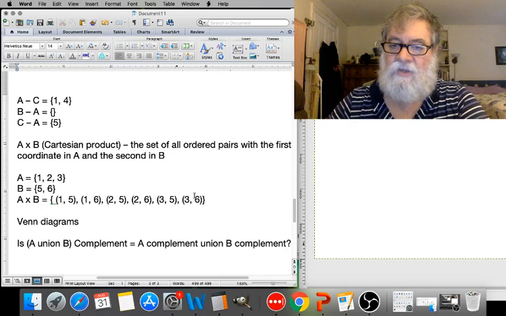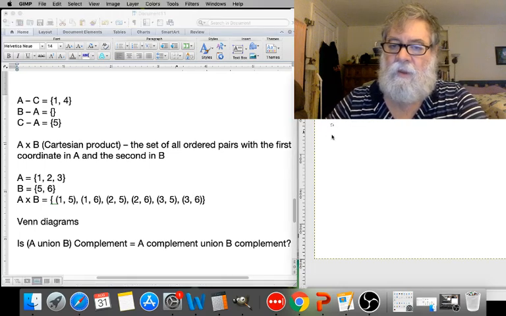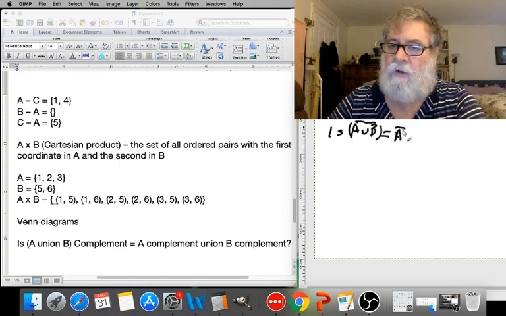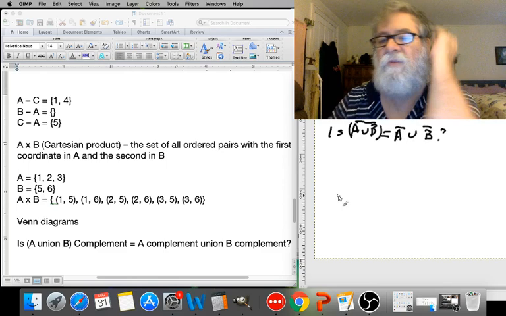That is, you could ask yourself, is A union B, the whole thing complement, equal to A complement union B complement? And one way to find that out is to do the Venn diagram for them both.